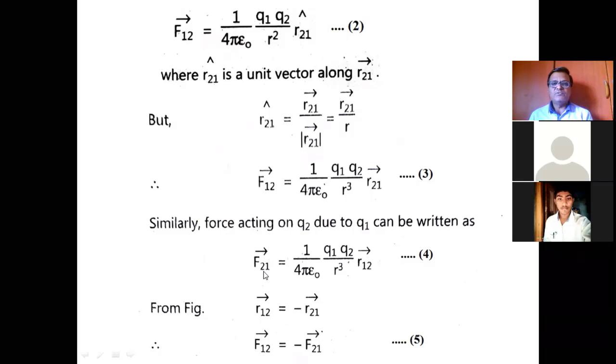Look again in the figure, r12 bar and f21 bar are in the same direction. Then equation number 4. If we compare equation 3 and 4, it is clear that r12 bar is equal to minus r21 bar. Minus r21 bar means the magnitude is the same but the direction is opposite. And therefore f12 bar is equal to minus f21 bar. From this equation we understand that f12 bar is equal to minus f21 bar. We have shown this in the figure also.